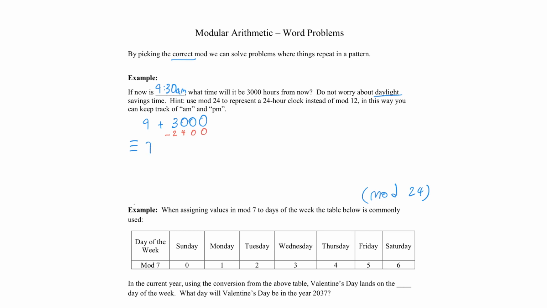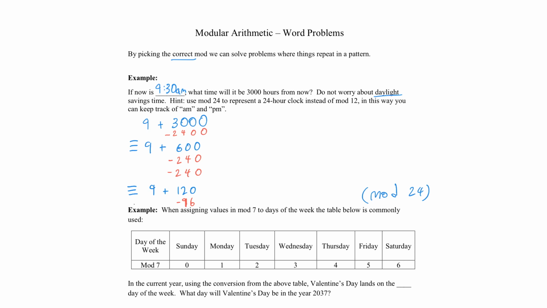So we'll get 9 plus 600. And then from 600, we could subtract 240. We could actually do that twice, take away two 240s, and then we would be left with 9 plus 120. And then from the 120, how about we subtract another multiple of 24? How about 96?